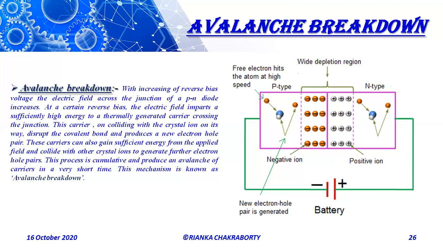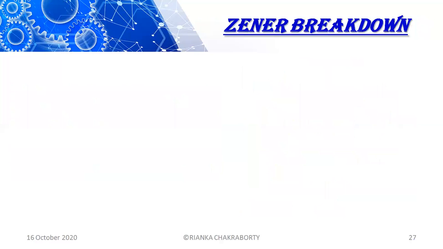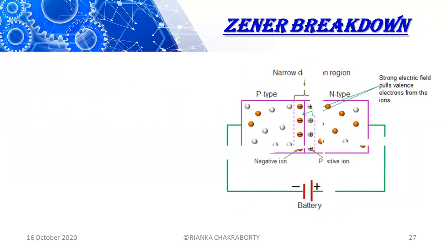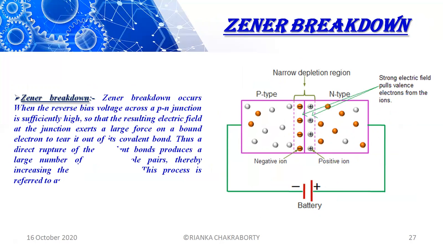And the second one is Zener breakdown. Zener breakdown occurs when the reverse bias voltage across the PN junction is sufficiently high, so that the resulting electric field at the junction exerts a large force on a bound electron to tear it out of its covalent bond.